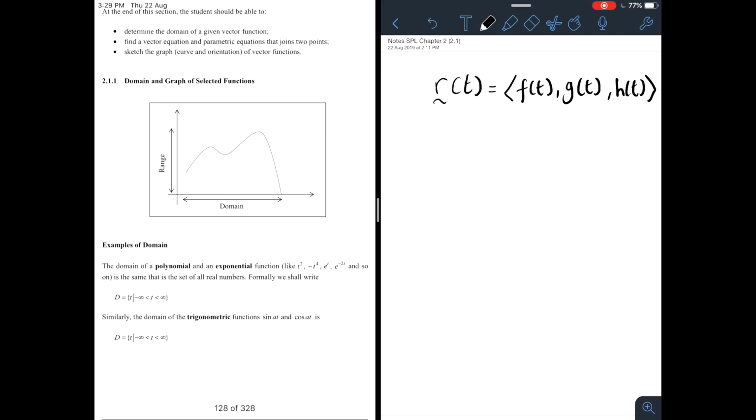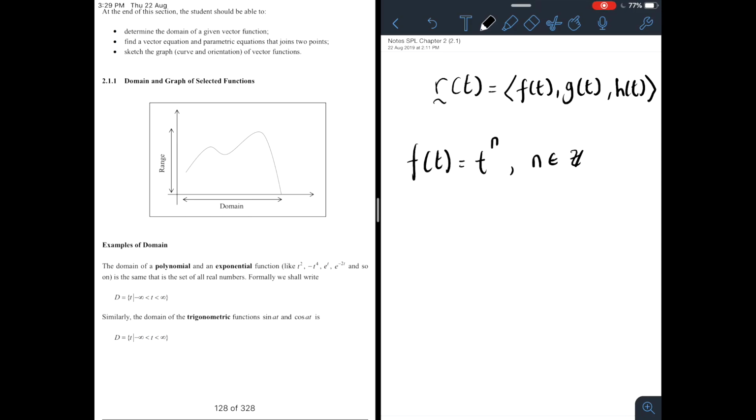Let's say I give you function f(t), t to the power of n, where n is an integer. So whenever you have t to the power of 1, t to the power of 2, t to the power of 7, you can classify that kind of expression as a polynomial function.